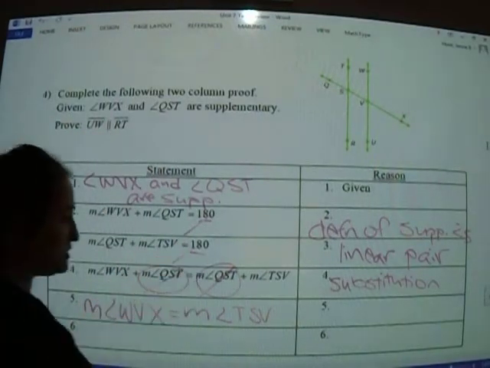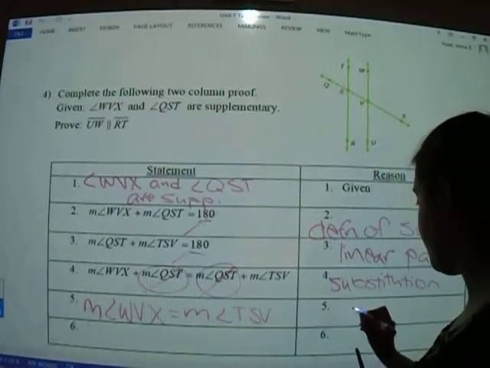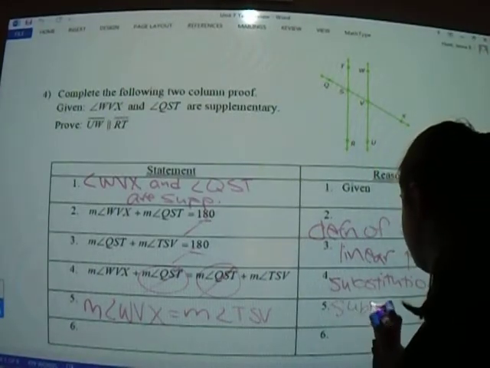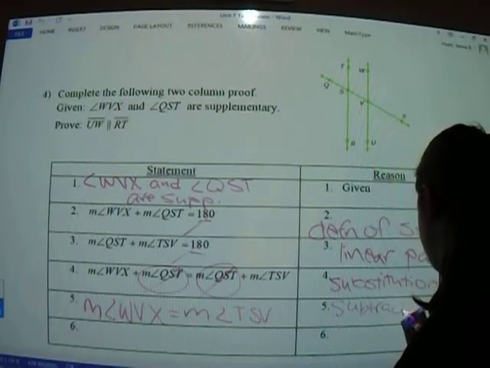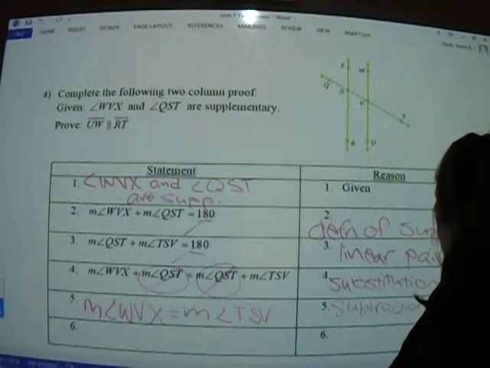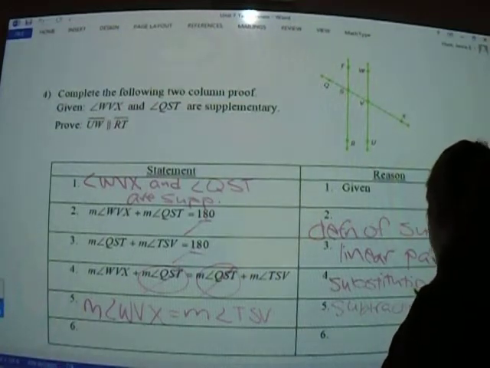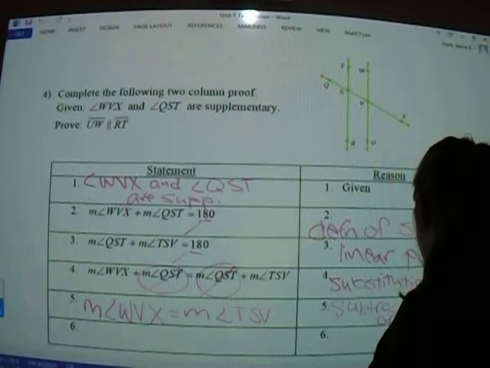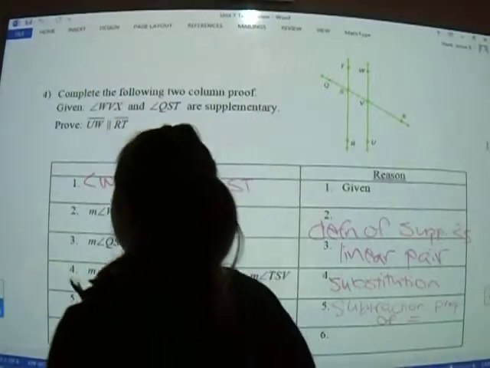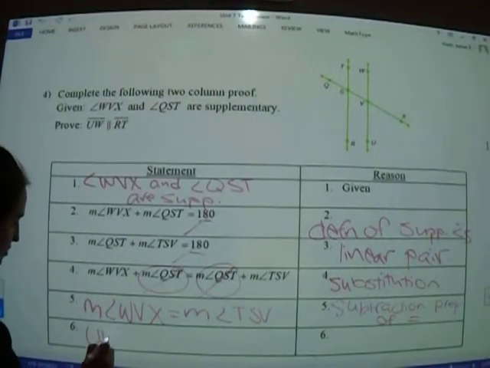And we got that because of this. We do this all the time in algebra, right? Subtraction property of equality.